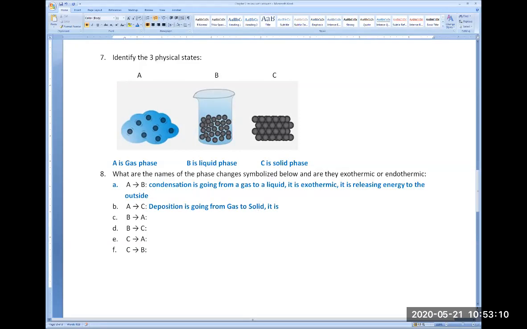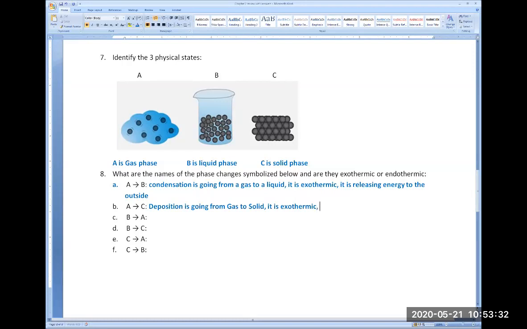So is it exothermic or endothermic? Tell me. Yes, again, it's exothermic.